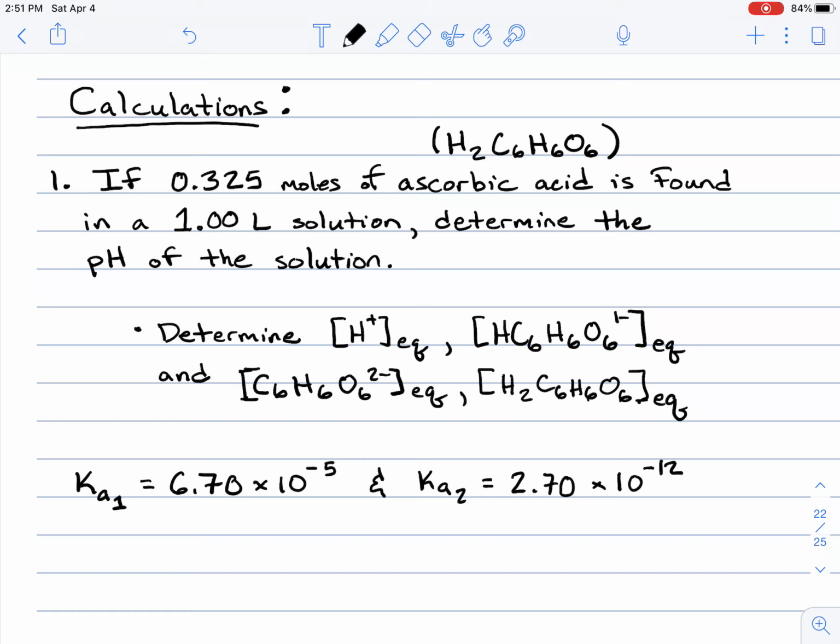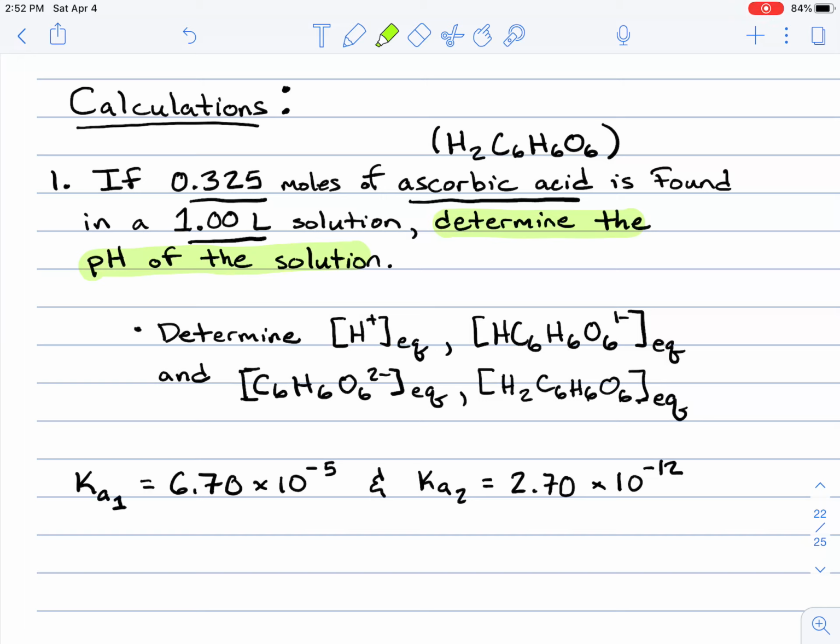So number one, it basically states that if you have 0.325 moles of ascorbic acid, and ascorbic acid is vitamin C, and it's found in 1 liter solution, we're going to determine the pH of the solution.